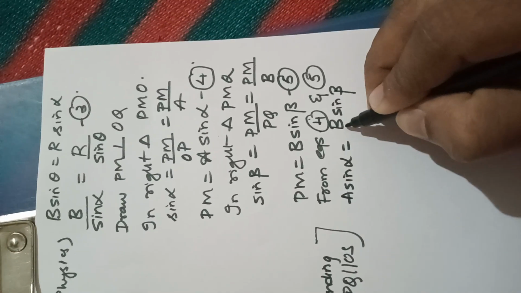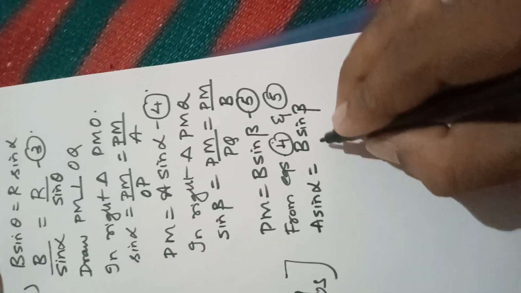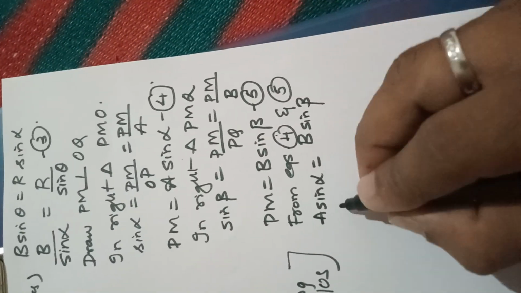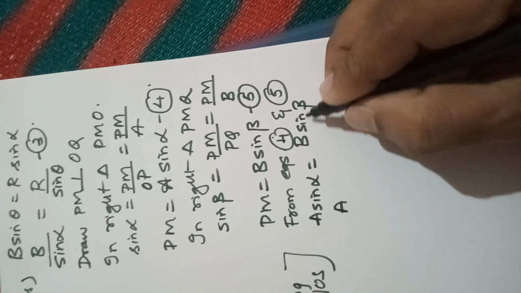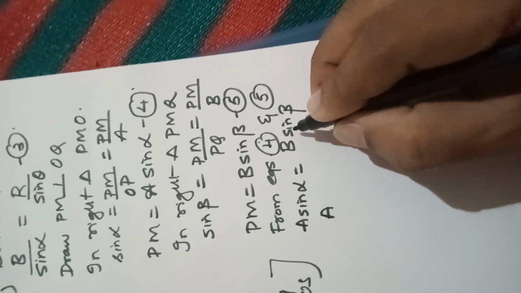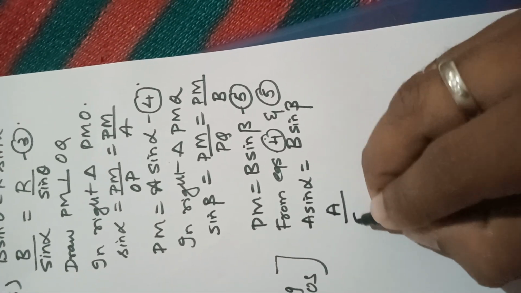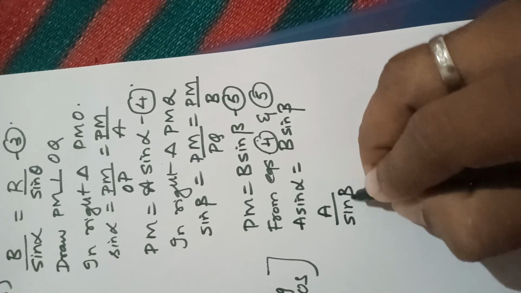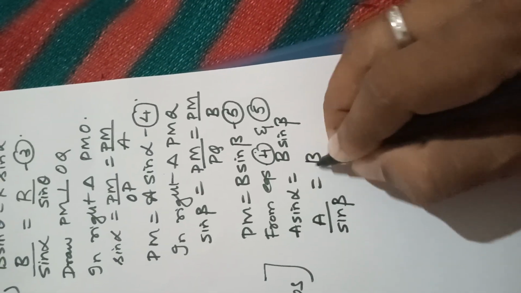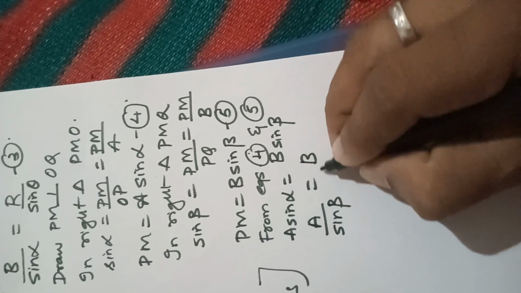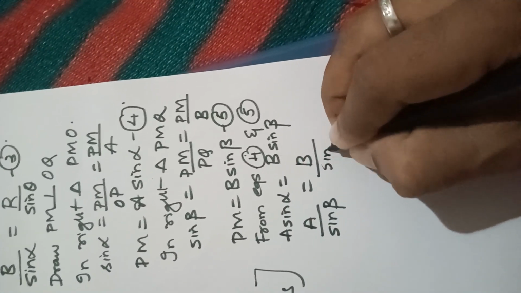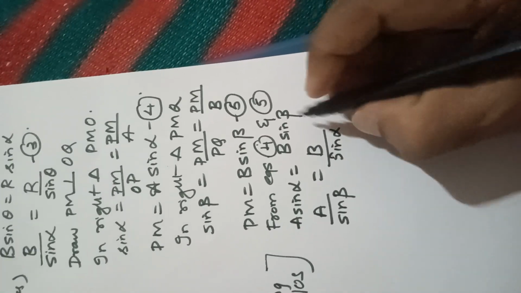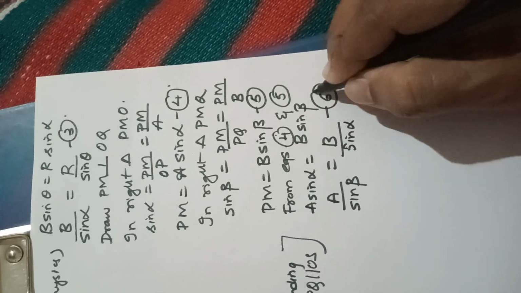Be careful with B and beta. Now let me write this in proportion form, or equality of ratios. Sin beta, which is multiplied to B, I shall take to the LHS, and it becomes division. A sin alpha, if I transpose it to the RHS, becomes divided by sin alpha. Let's call this equation 6.